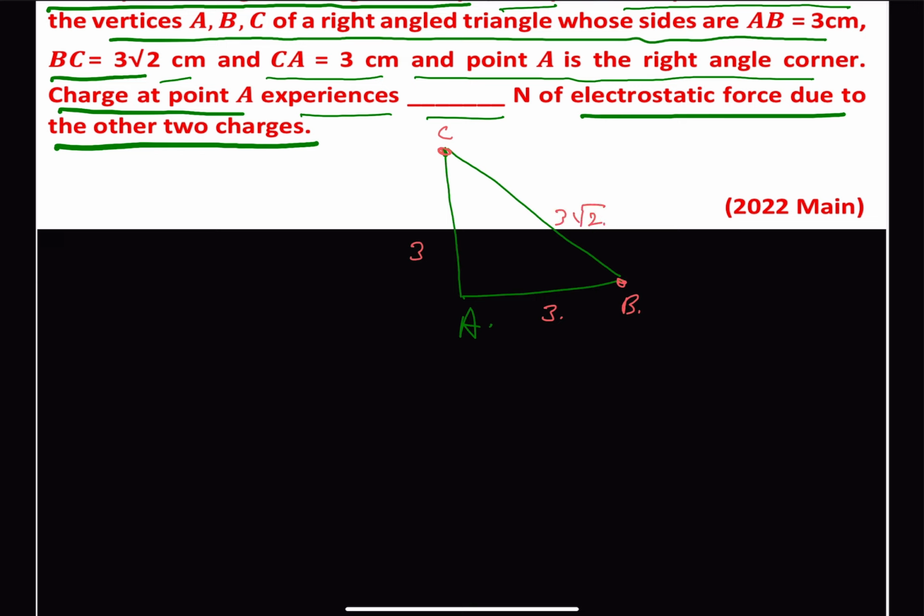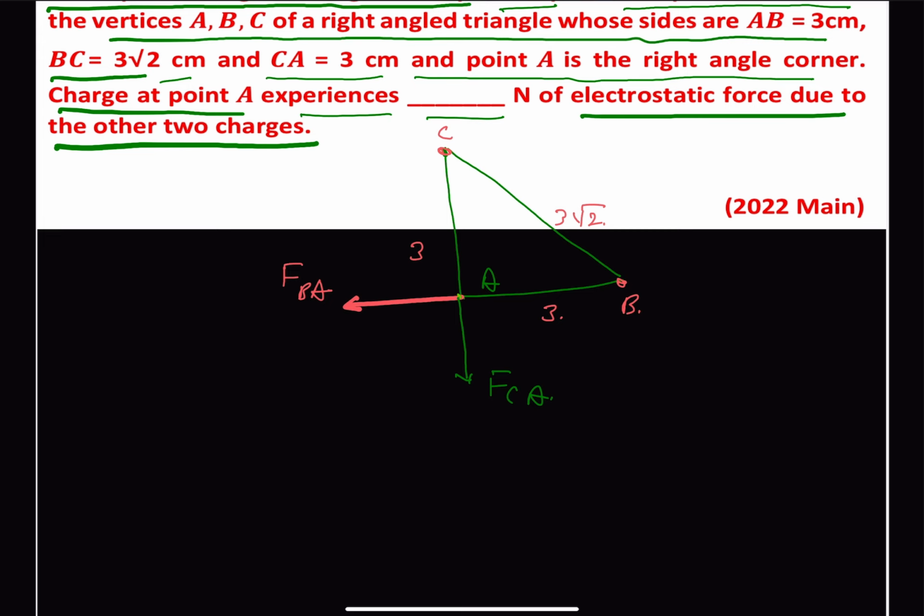So force of charge B on A, let us call this FBA, and force of charge C on charge A, let us call this FCA. Because all are positive, they will be repelling each other.